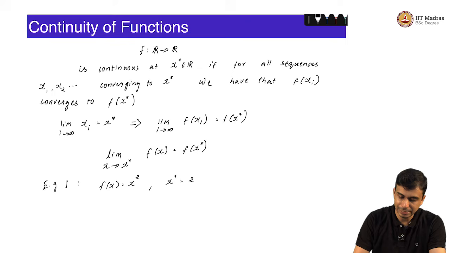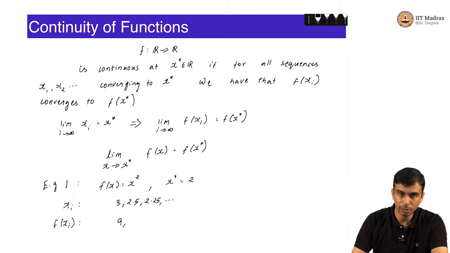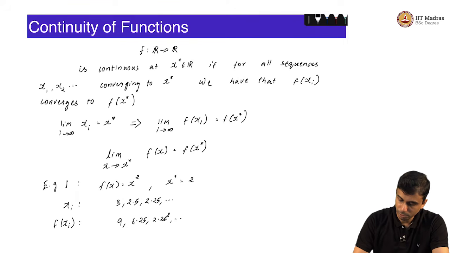What do I mean by that? Let us say an example sequence that converges to 2 might be 3, 2.5, 2.25, dot dot dot. This clearly converges to 2. This is the xi sequence. What about the f of xi? Well, f of xi is 9, 6.25, 2.25 squared, dot dot dot.